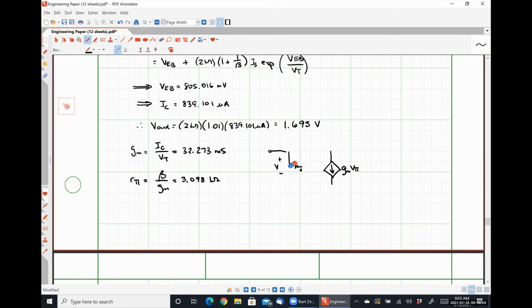Our small signal model for this: r pi, B, E, C, and 2 kiloohms. R out, or excuse me, V out is still the voltage drop over there.